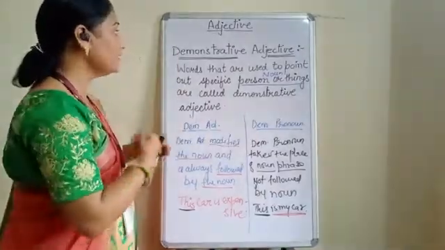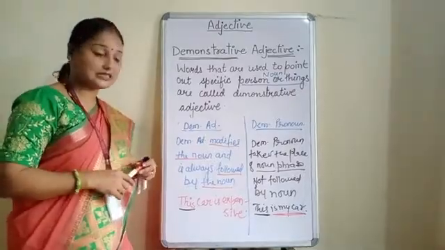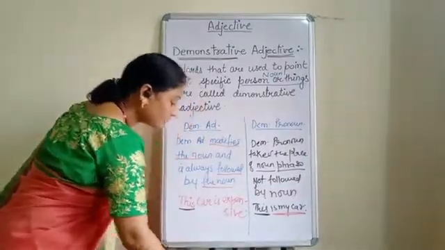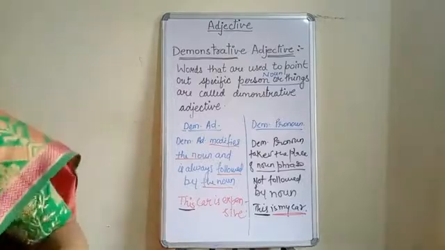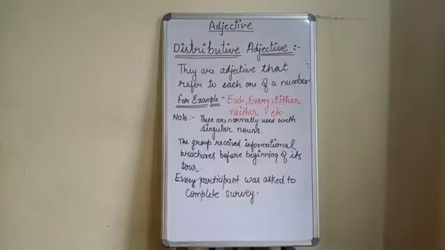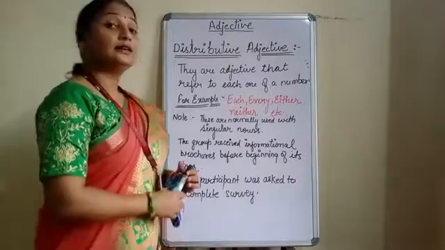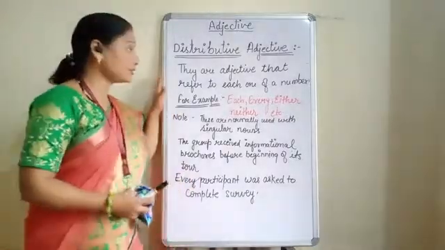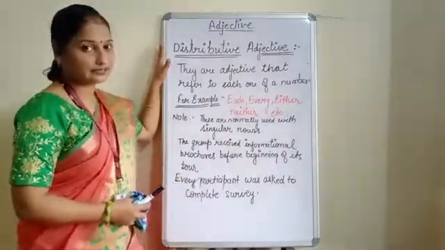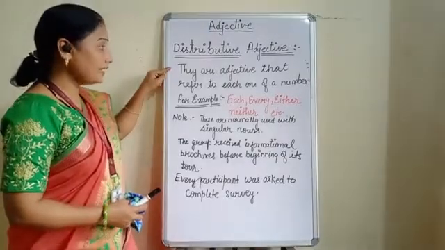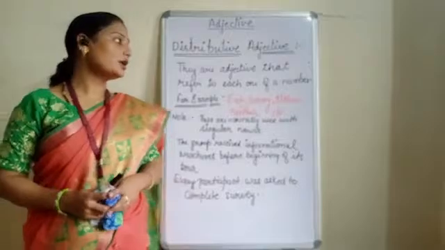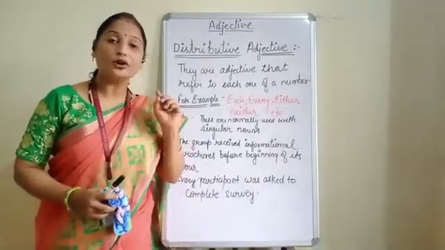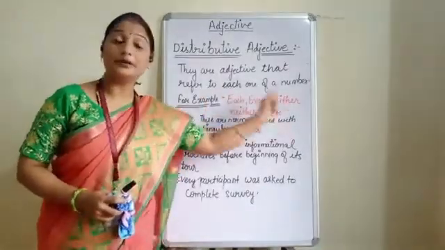Now we will see the next kind of adjective, and that is the distributive adjective. Okay. Now see the next one, distributive adjective. They are adjectives that refer to each one of a number.